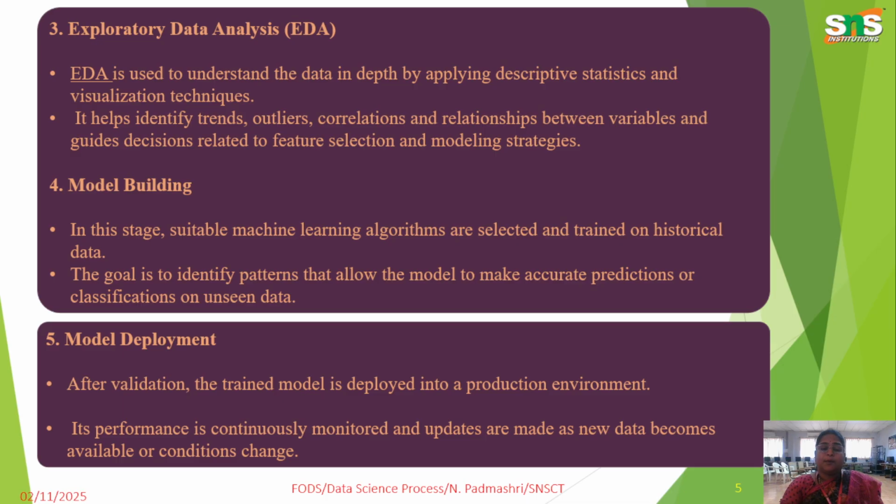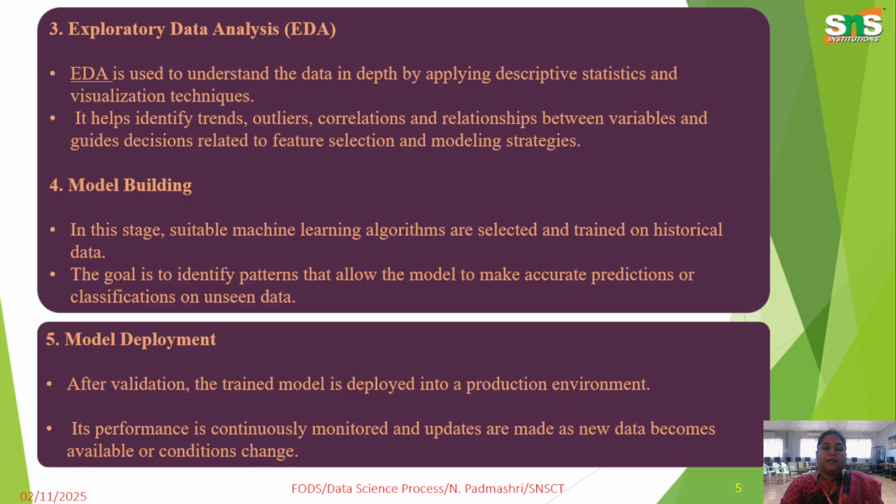Then model deployment, after the validation of the trained model. In the previous step, model building, we select the machine learning algorithm to train the model. After the validation, the model is deployed into the production environment, which means the performance of the model will be continuously monitored and updated if we have any new data.